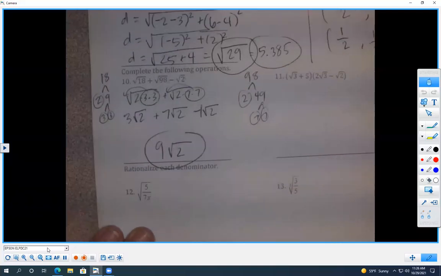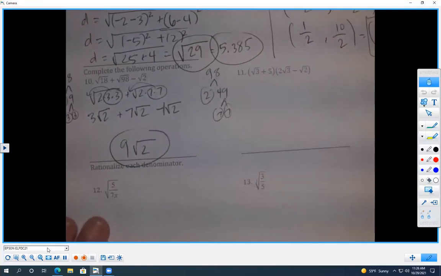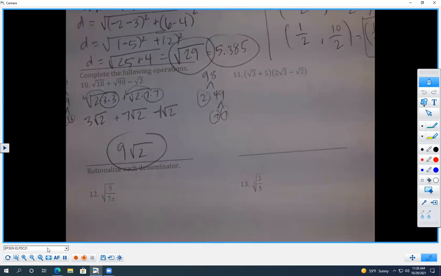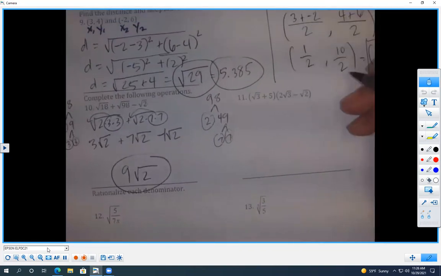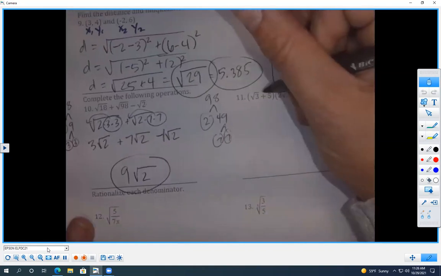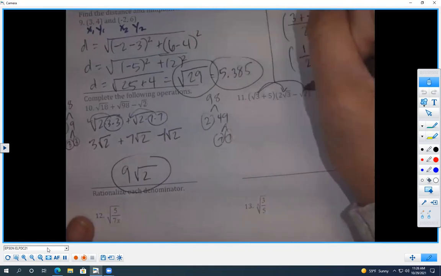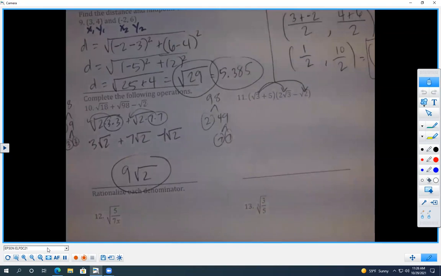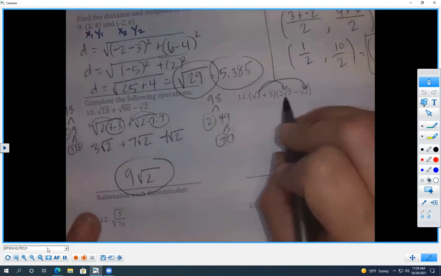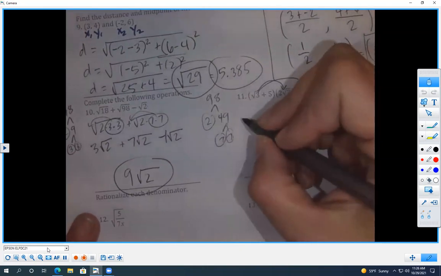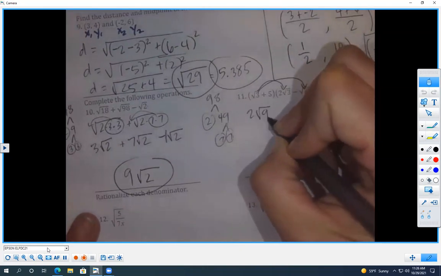Okay, look at number 11. 11 is a multiplication problem. You're just distributing. Remember, you multiply outside numbers with outside numbers, inside numbers with inside numbers. So when I distribute this square root of 3 to my other parenthesis, I get the square root of 3 times 2 square roots of 3, which is 2 square roots of 9.